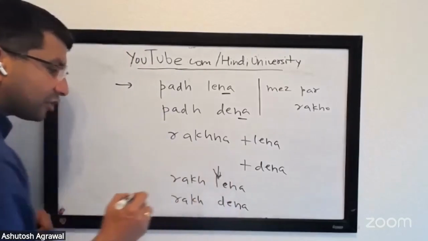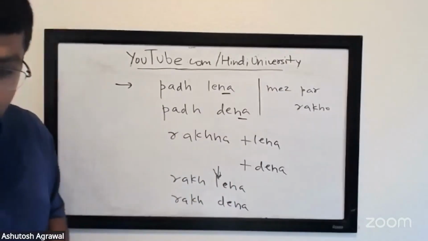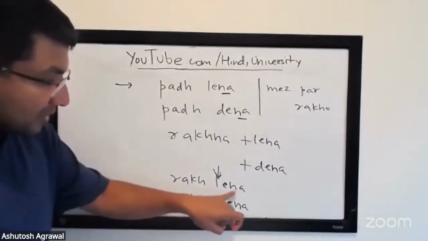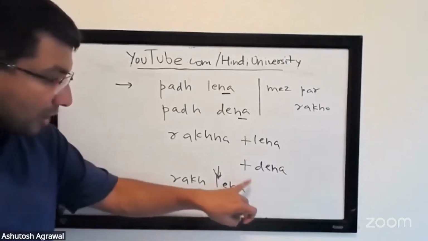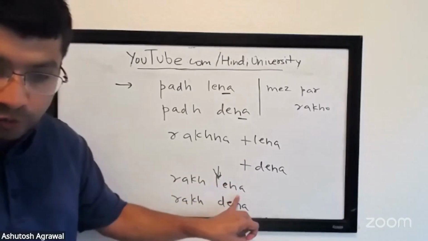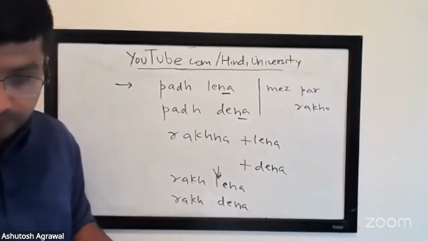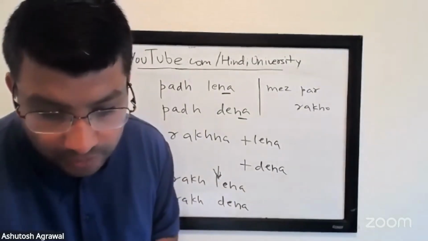When I'm giving the instructions to someone, instead of rakho, if I'm using this verb, the ending will change. So instead of rakho, the O sound is sort of coming in on this one. Rakh lo, rakh do. And that's what you are seeing in the next two sentences.